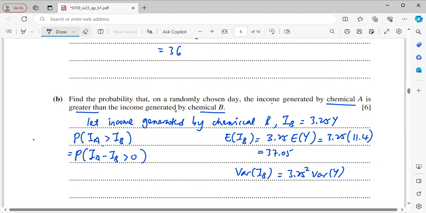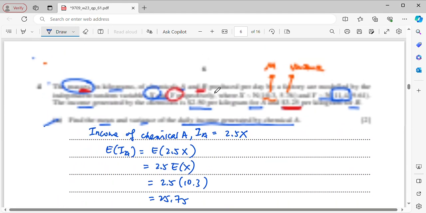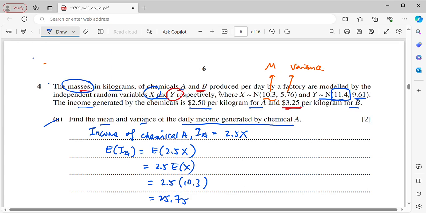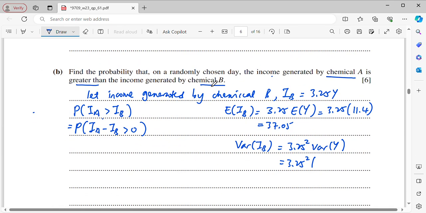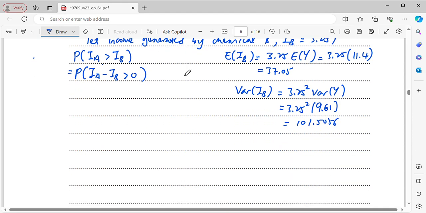Then now my variance of IB will be 3.25 squared times variance of Y. Variance of Y is 9.61. Then this is going to be 101.5056. Okay, so now I need to calculate the expected IA minus IB.